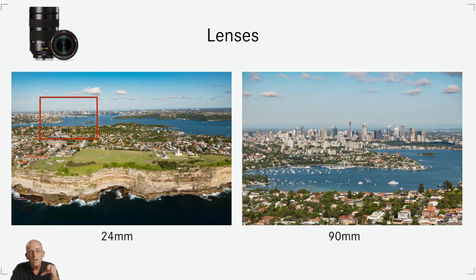And in fact, you can call that almost a 4:1 zoom ratio, give or take a little bit, 3.5:1, because 24 times 4 is, what's that, 96. So 24 to 90 is 4:1. So you've got a quarter of the width of the frame in that zoomed in shot compared to the 24 millimeter.